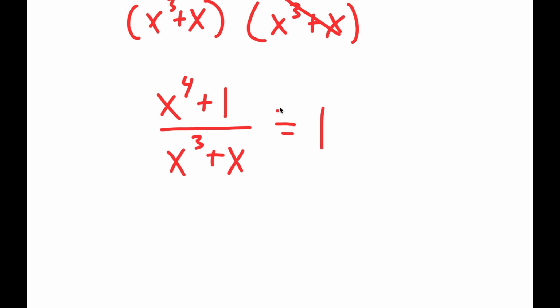Now from here, I'm going to divide both my numerator and my denominator by x squared. And this is completely legal because x squared divided by x squared is 1. So it's the same thing.